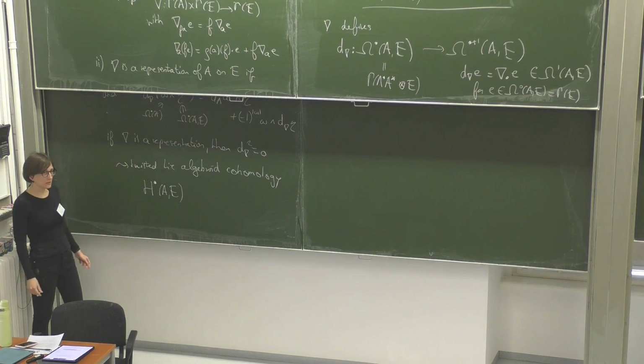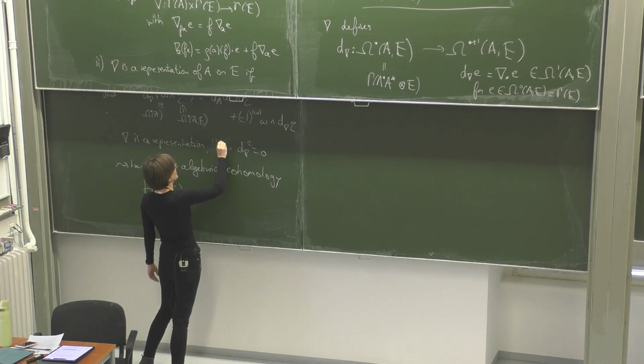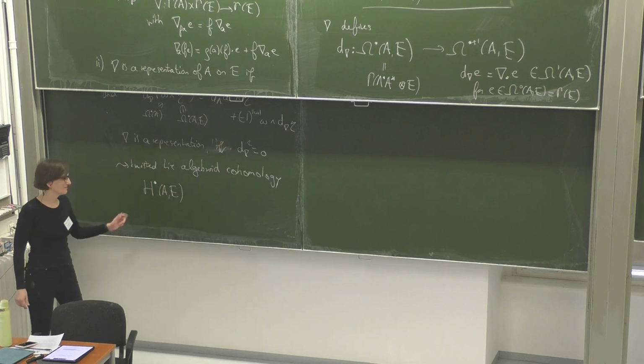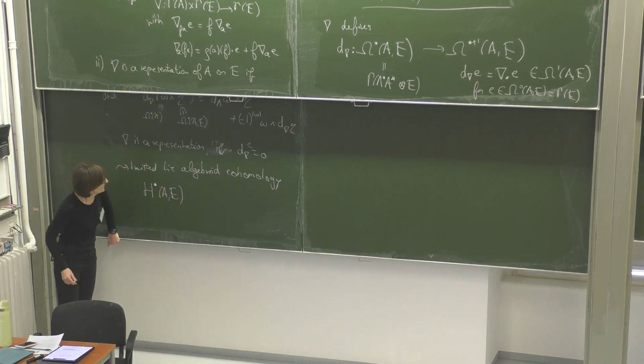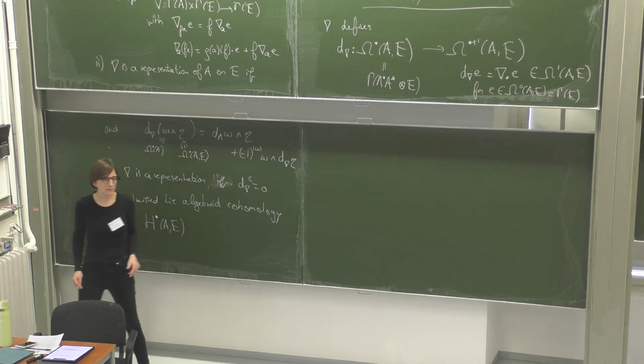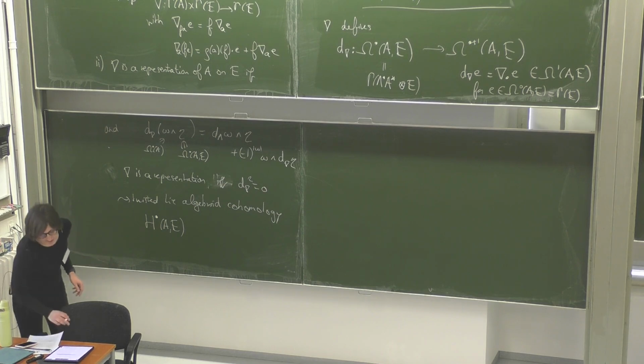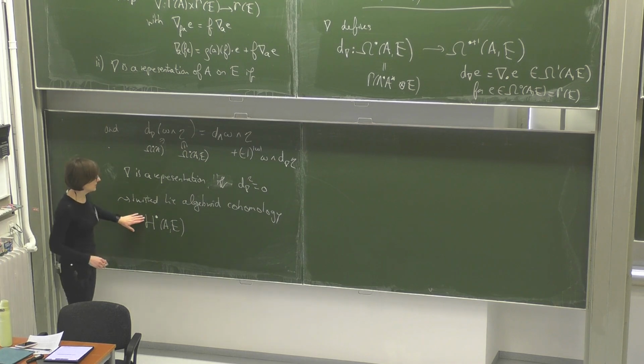Nabla is a representation if and only if d nabla squared is 0, because d nabla squared is just the curvature. But we'll get back to that in a couple of days. So we get the E-twisted algebroid cohomology.